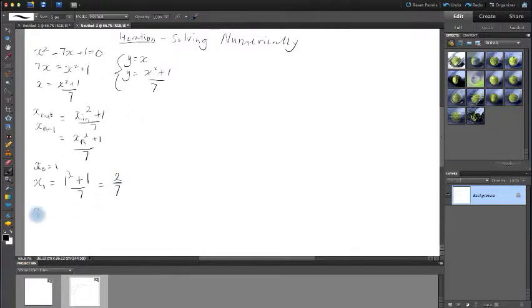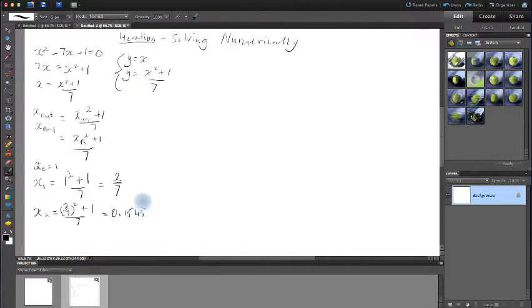Now x2 is going to be, now our xn is x1 this time. So x1 is 2 over 7, we'll square that, plus 1 over 7. You can use a calculator if you like, and the decimal approximation is 0.1545.